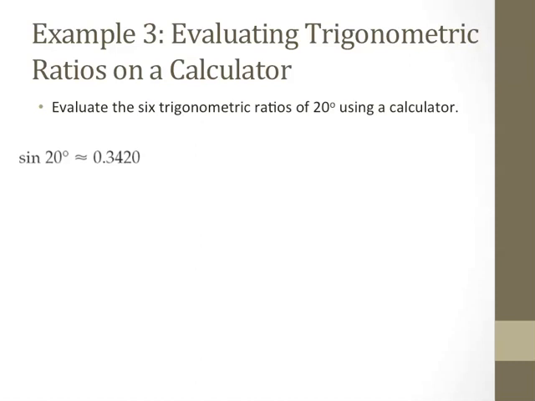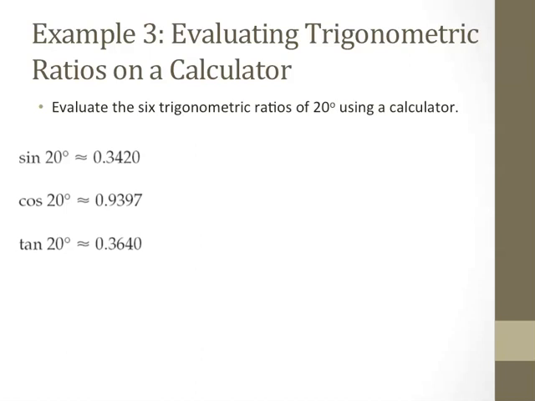If not, double check and make sure you've actually highlighted and hit enter for your calculator to be in degree mode. Okay, the rest of these should be just plugging into the calculator. It's just to make sure that we know how to use this on our calculator. So cosine of 20 is 0.9397, and tangent of 20 is 0.3640.